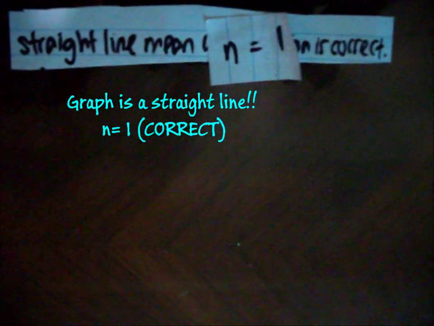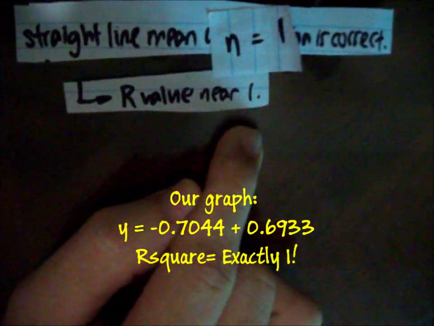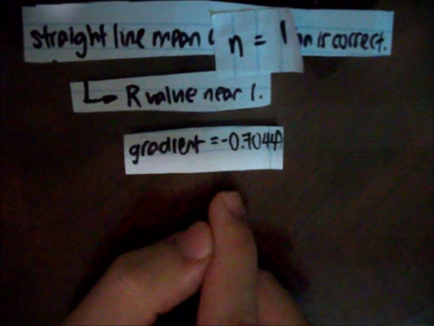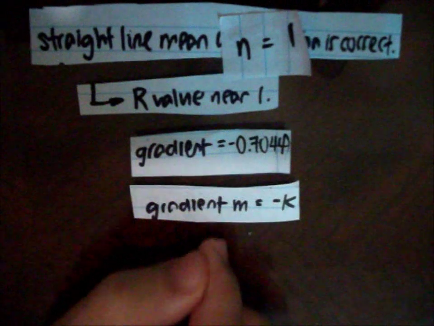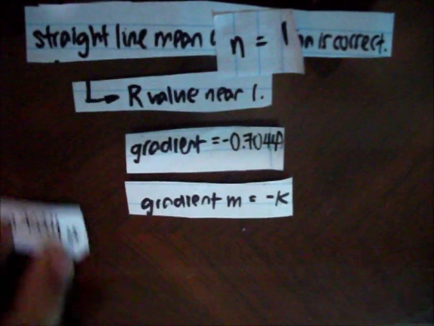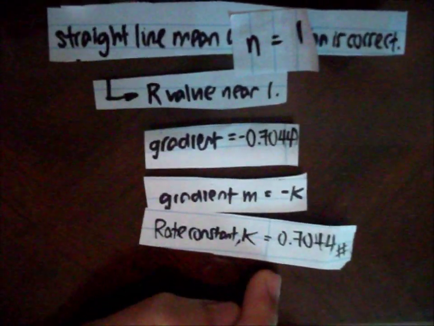For the straight line graph, the value of R squared is near 1, which means our graph is correct. The graph gives us a gradient of negative 0.7044, and we know that the gradient m is equivalent to negative k. That means we can conclude that the rate constant k is equivalent to 0.7044.